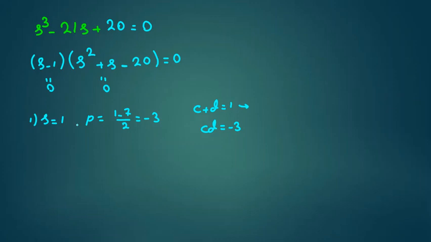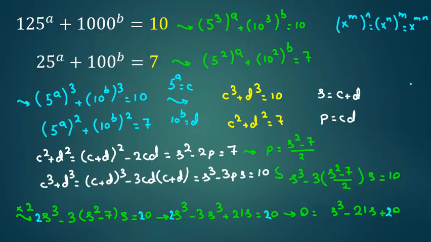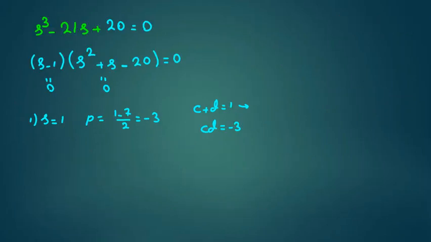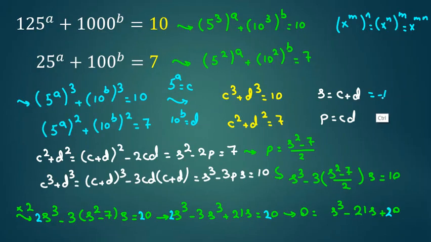Let's just check S 1, P negative 3 to make sure. Well, we replace here. S squared is 1 minus 2P plus 6, S cubed is 1 minus 3PS plus 9.